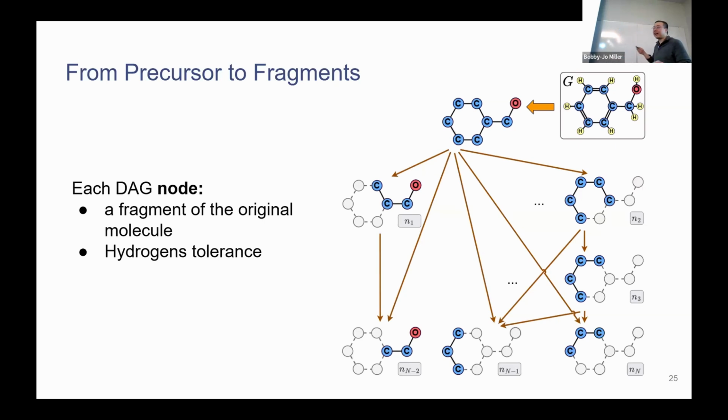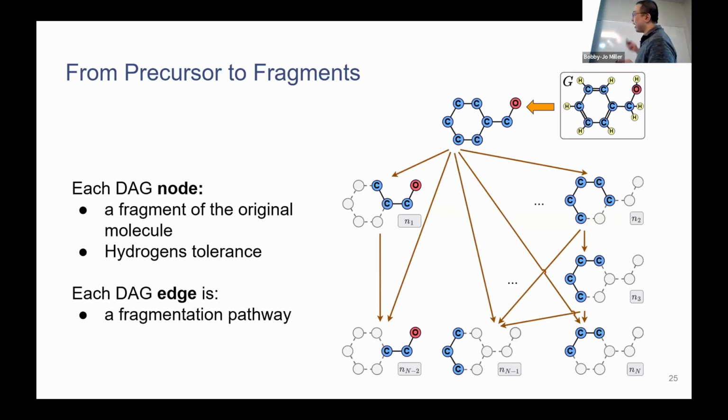I will show the detail of that in the next slides. And each edge represents a possible fragmentation pathway. It's basically saying that from this node, it's possible to go there by chopping off those whole things.